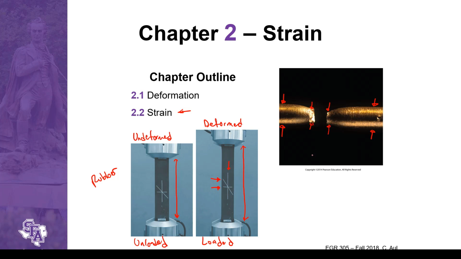That is what we call necking. And this becomes a case we're going to see for material deformation when we see strain hardening, okay? So strain is our engineering term that is a measure of deformation in a material.